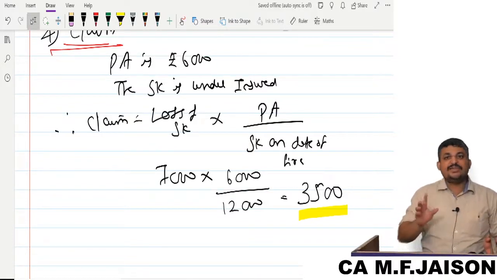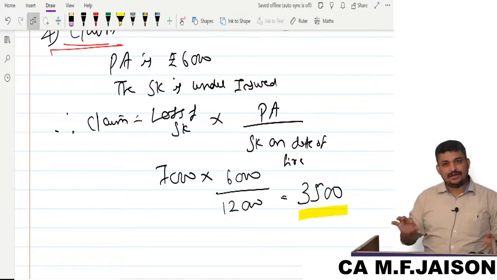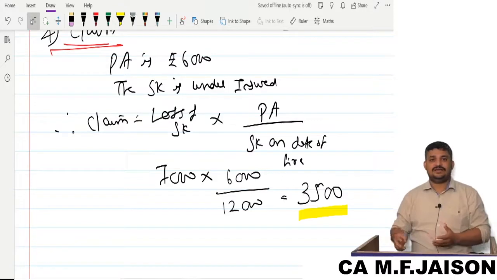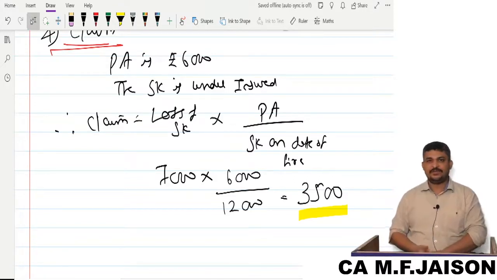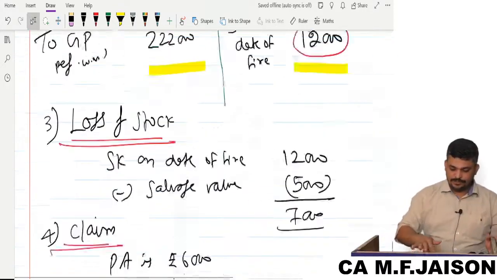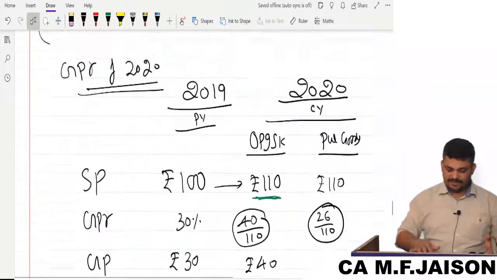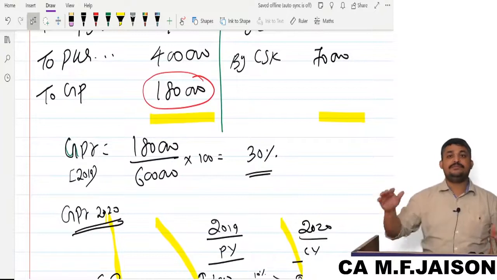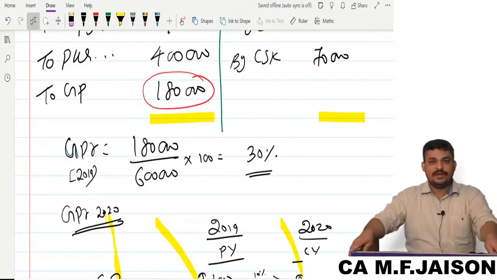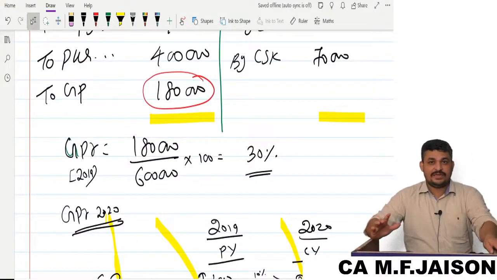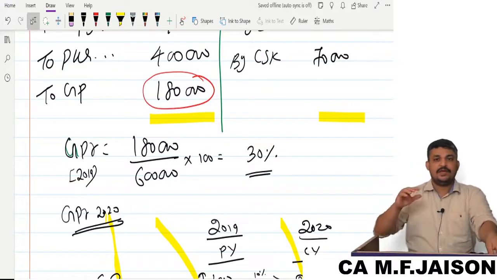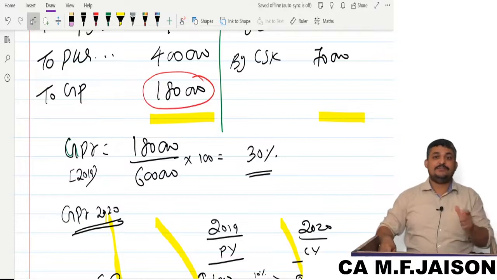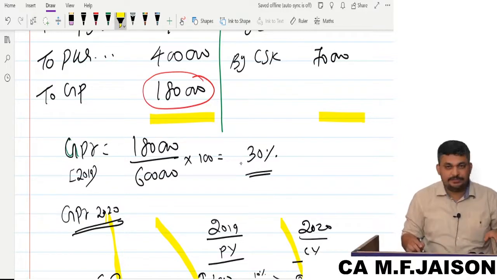Now we had difficulty in computing this, assessing the two GPRs, converting GPR, etc. Usually we simply find the GPR of the previous year, 30%, and directly prepare the memorandum trading account. Now I am going to teach you how to present it alternatively and determine the same answer by using the same 30%.